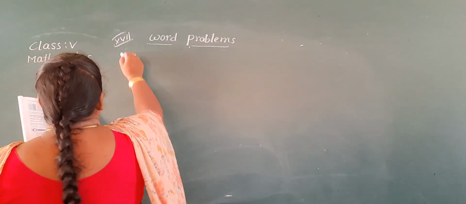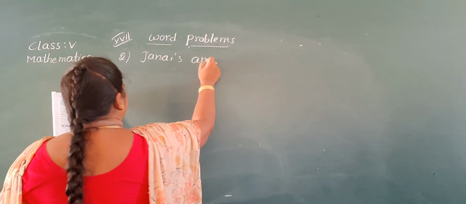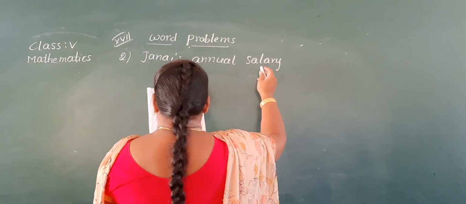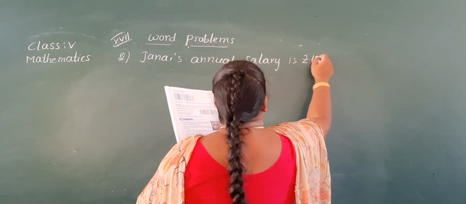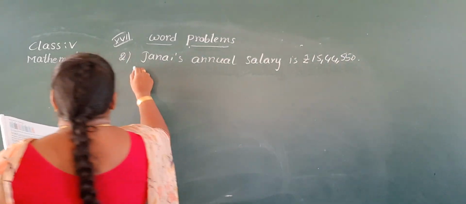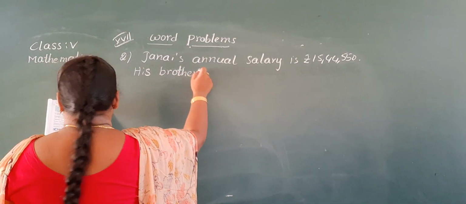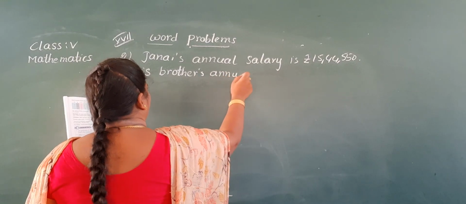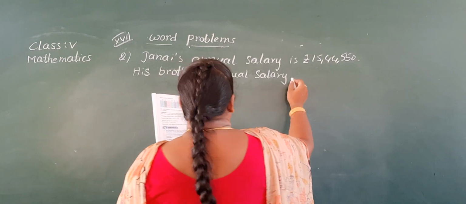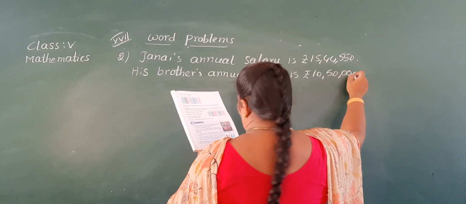So Janai's annual salary is 15,44,550. His brother's annual salary is 10,50,000.